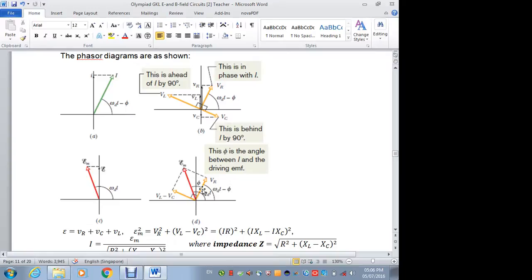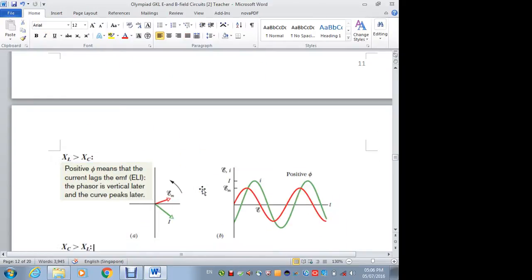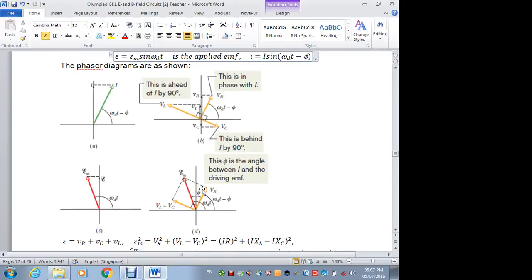Now I draw EM like this, so VR will be here, or I will be here. So the current will be in that particular direction. Remember, current and VR, they are in phase.